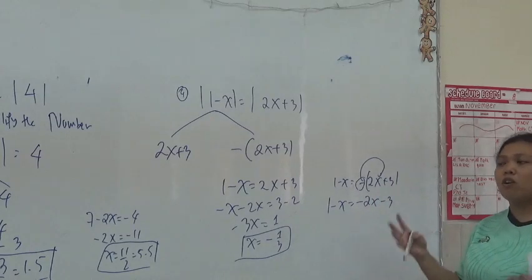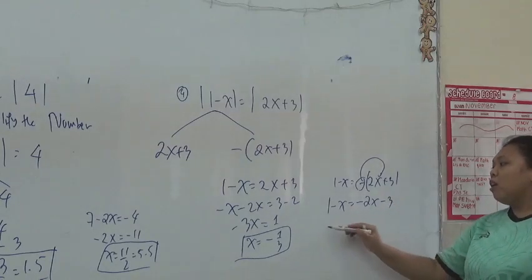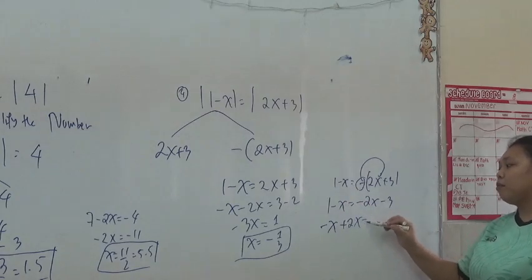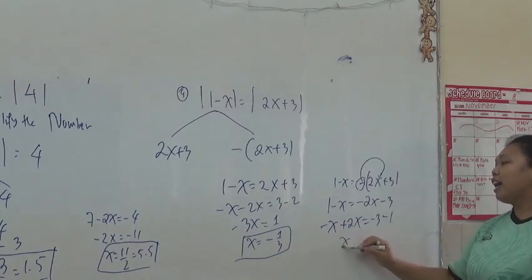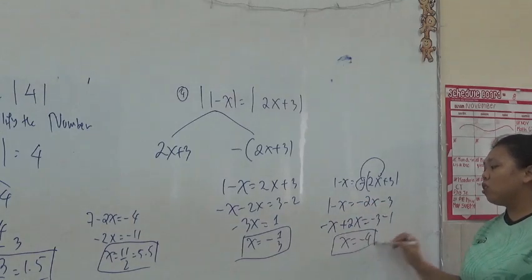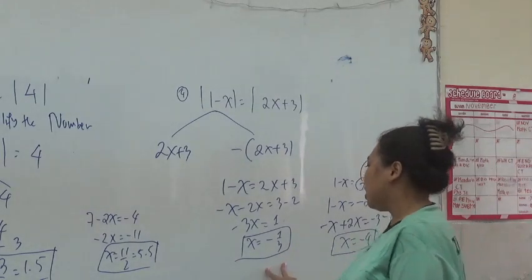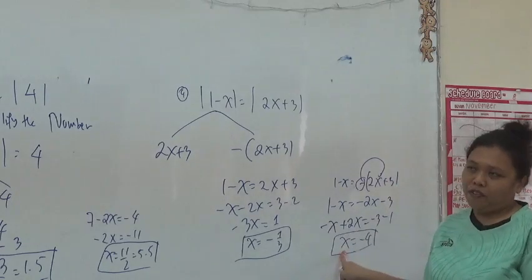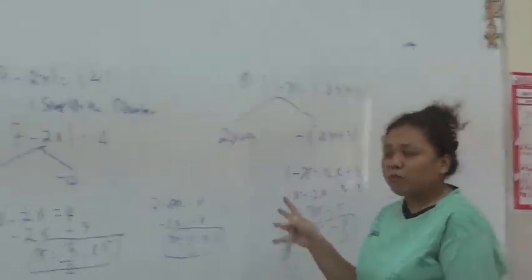Now you can combine x with x and number with number. Minus x, you switch it, becomes positive 2x. Minus 3 stays, and then this one you switch to negative 1. x equals negative 4, then you label it. So now you have labeled the two possible solutions of x, which are x equals negative 1 out of 3 and x equals negative 4. It's done for today, everything we did about the modulus function.